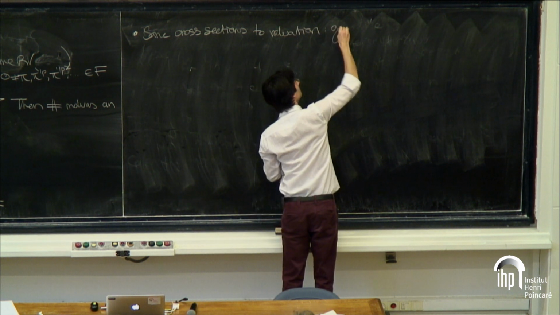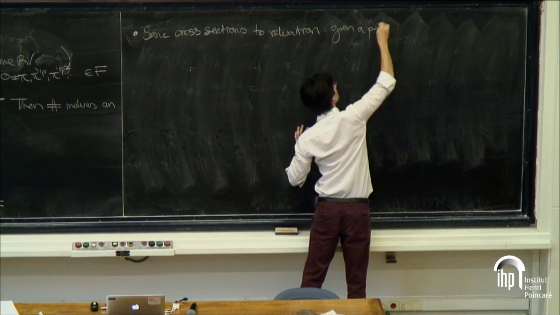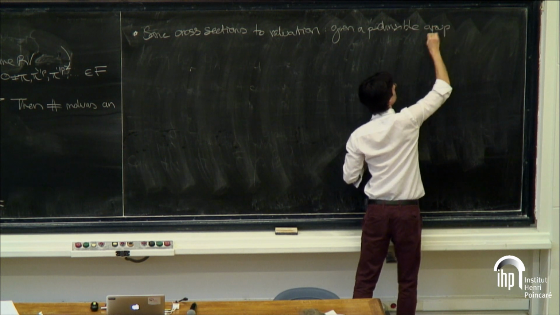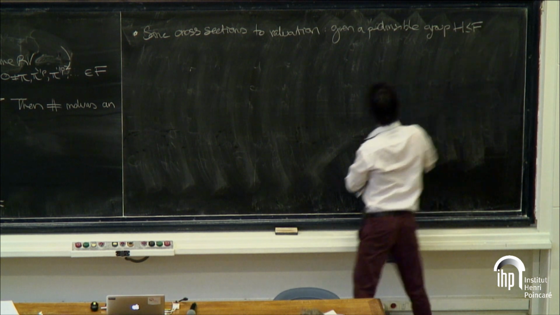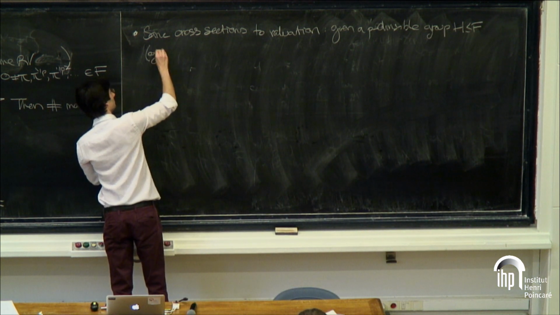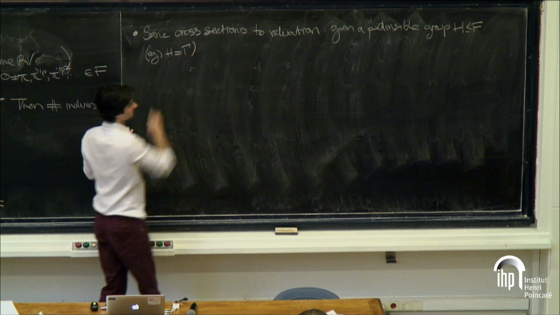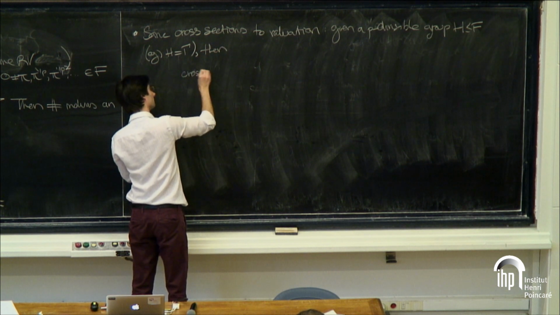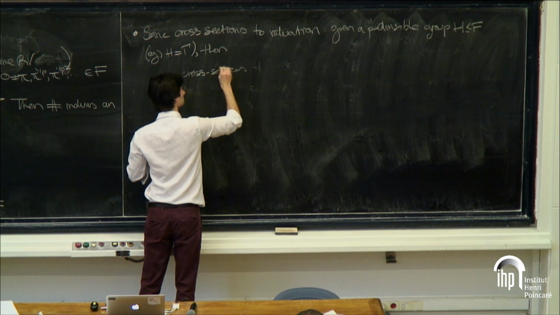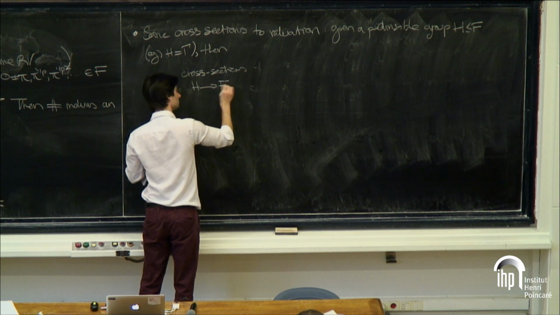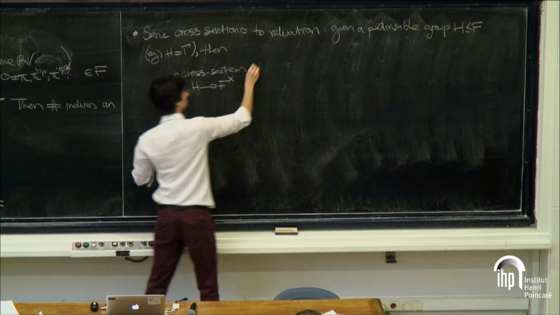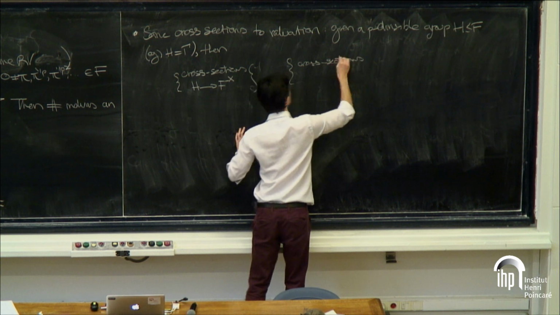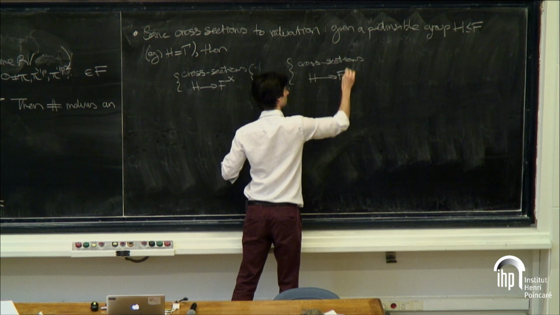More precisely, if I fix some p-divisible subgroup, let's say H, inside the value group, so I could take the whole value group, but I can make a stronger statement if I allow any such subgroup, then cross sections to the valuation from H to F are the same as cross sections to the valuation from H to the tilt.